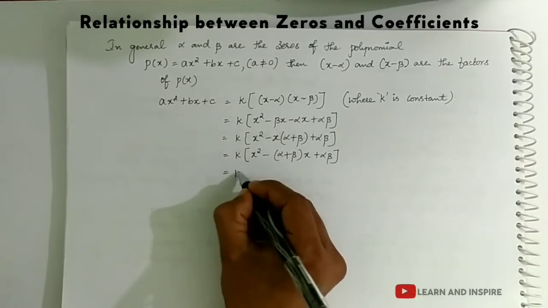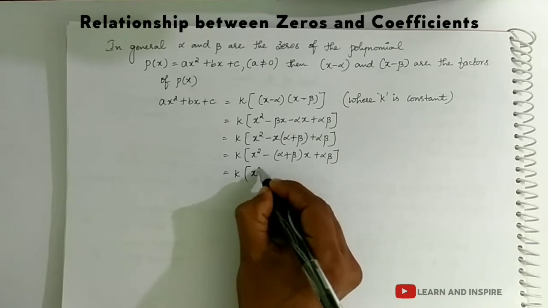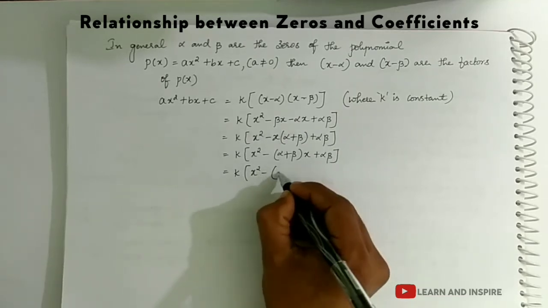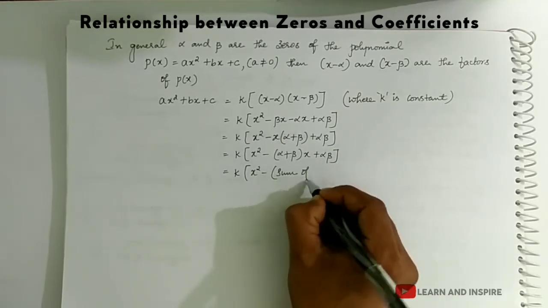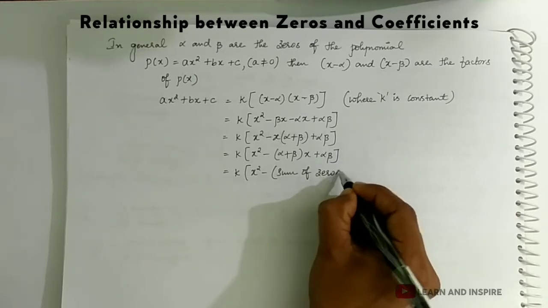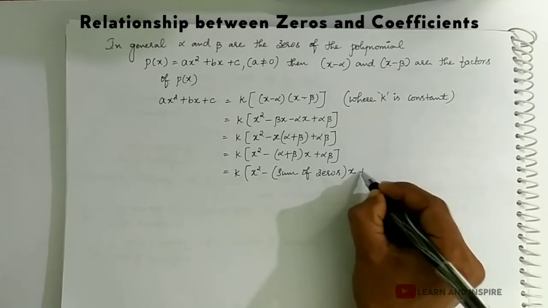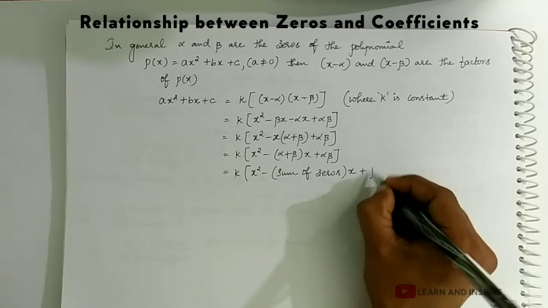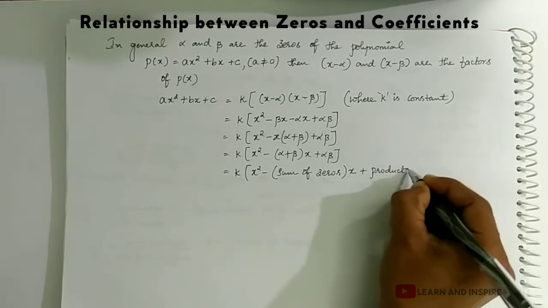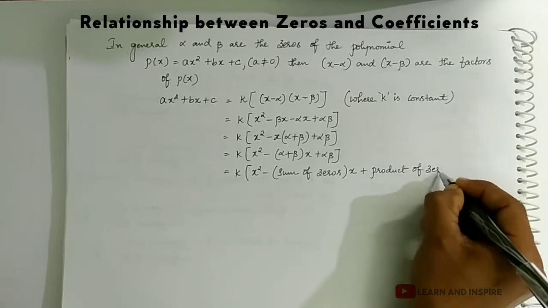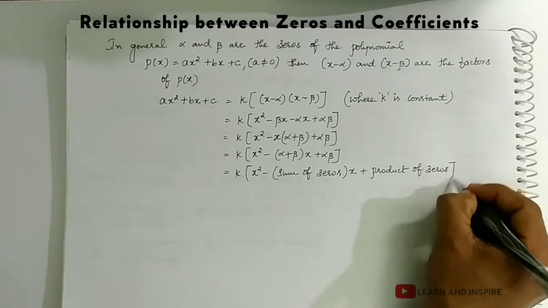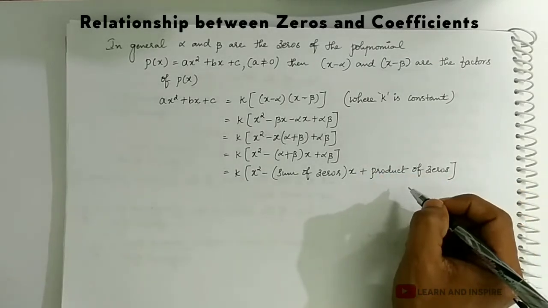So I write this as k into x square minus sum of zeros into x plus alpha into beta, which is the product of zeros, or product of roots.